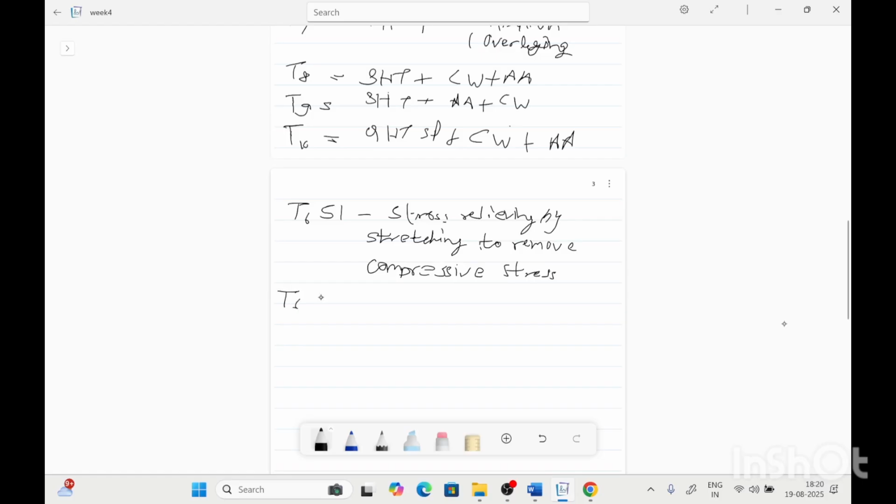And T652 is stress relieving by compression to remove tensile residual stresses.